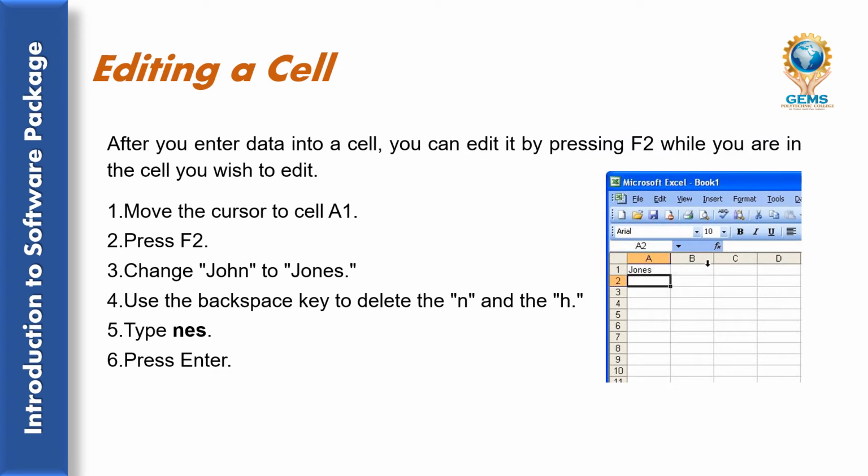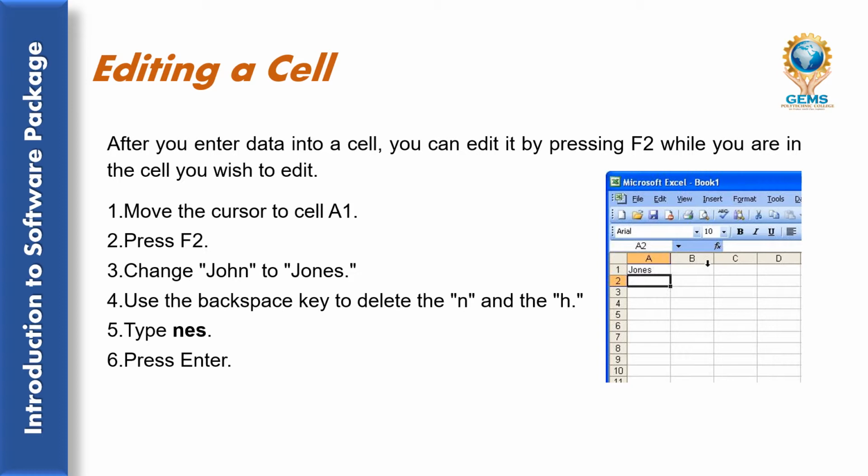Editing a cell. After you enter data into a cell, you can edit it by pressing F2. F2 is a shortcut key on the keyboard. First, move the cursor to cell A1 and press F2.